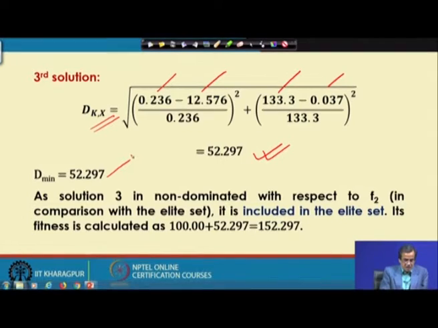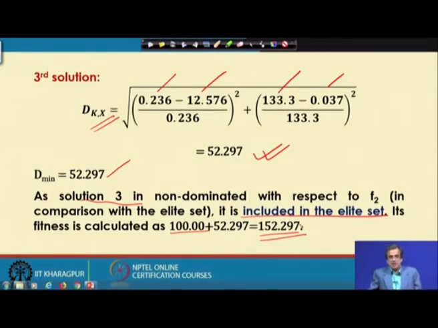As there is only one Euclidean distance value till now, this is nothing but D minimum. Now, as solution 3 is non-dominated with respect to at least f 2 in comparison with the elite set, it will be included in the elite set, and its fitness will be calculated as 100.00, that is the fitness value of the elite set, plus this D minimum, that is 50.297, and that is nothing but 152.297.